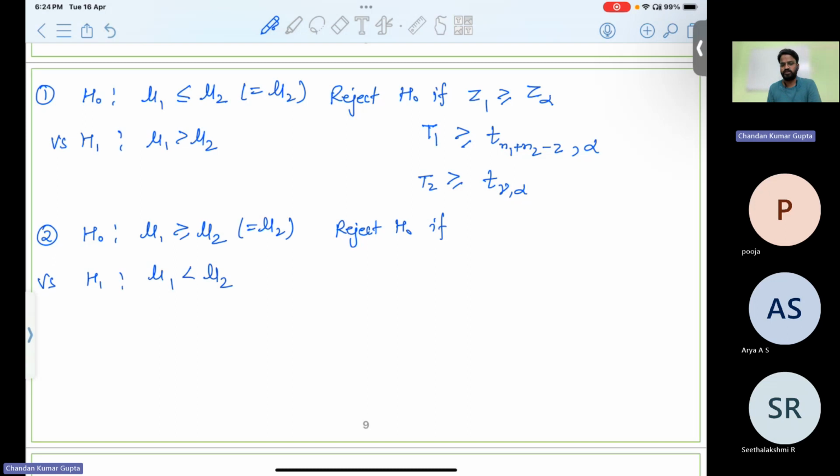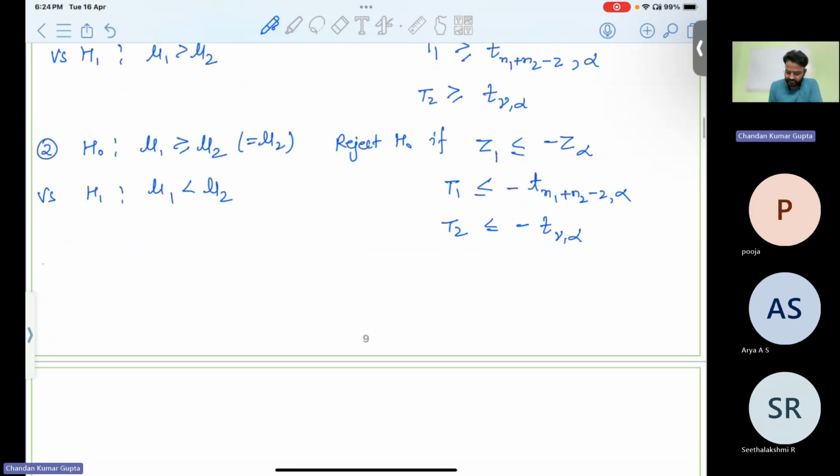I just tried to write the formula so that we can solve the numericals on the basis of these formulas. So reject h0 if z1 is less than or equal to negative of z alpha. For t1, it is less than minus of t with n1 plus n2 minus 2 and alpha. And in the third case, unequal and unknown, t2 is less than minus t nu and alpha.